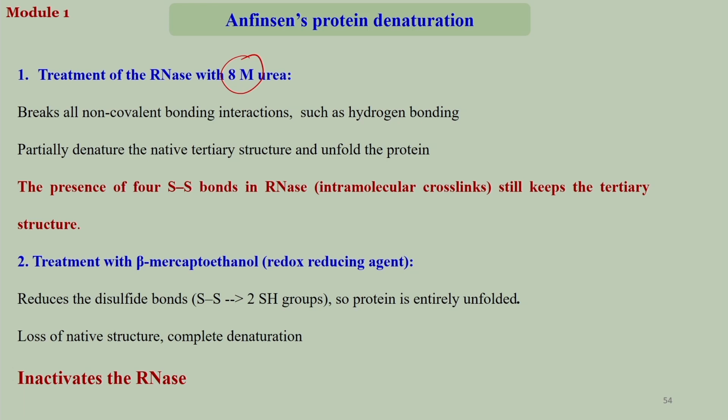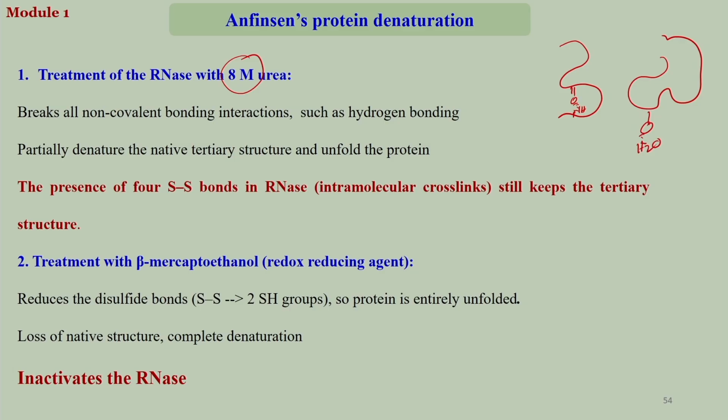So, once you use urea at 6 to 8 molar, it breaks all the non-covalent bonding interactions, such as the hydrogen bondings that were present within the secondary structure also, as I mentioned, as well as in the tertiary structures with the water molecule, and if you have polar side chains, they form hydrogen bonding with water also.